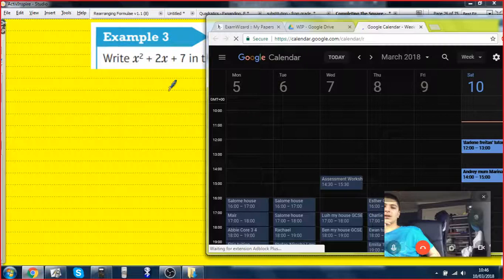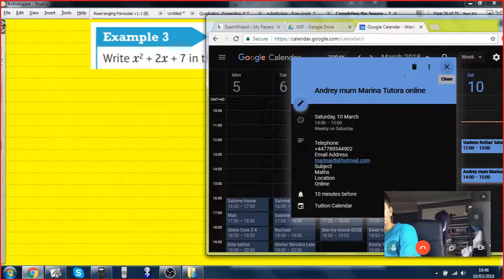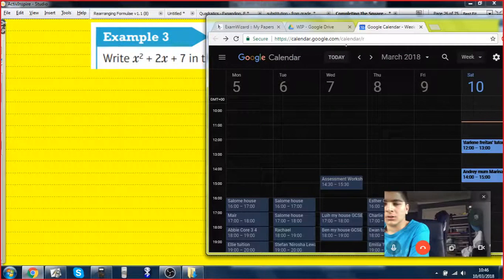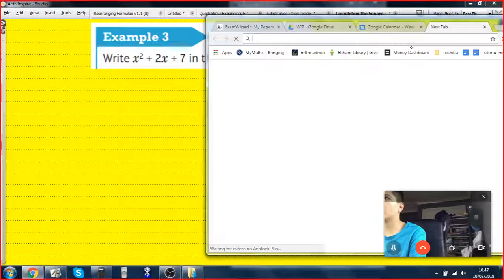No. You would have to write it as a perfect square, and so you do that by halving the middle one. So would you do x plus x plus 1 and then plus 7? So as a perfect square, you always just half the b. So x plus 1 squared, and then go from there.